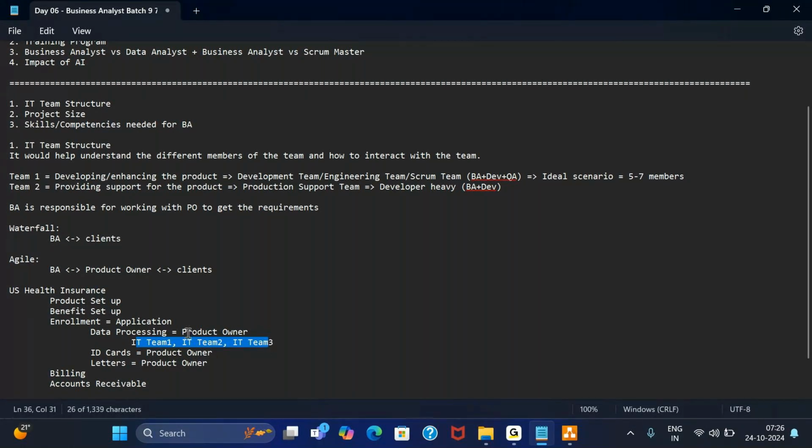When the product owner works with clients to get the requirements, the product owner gets to decide which team is actually responsible for doing the work, and then accordingly the BA from that team will start working with the product owner.